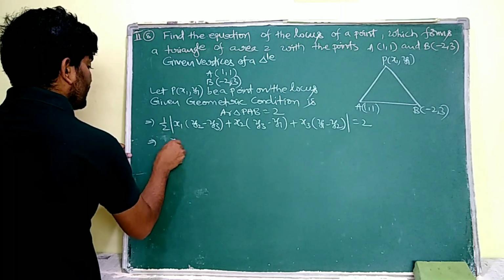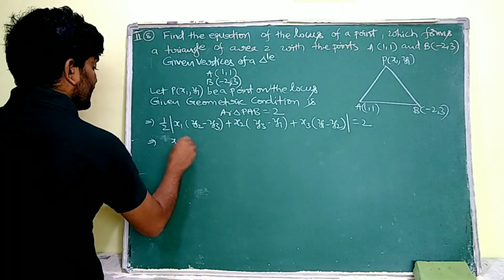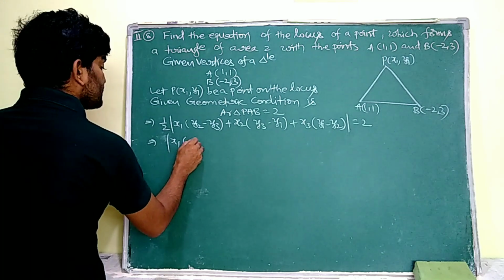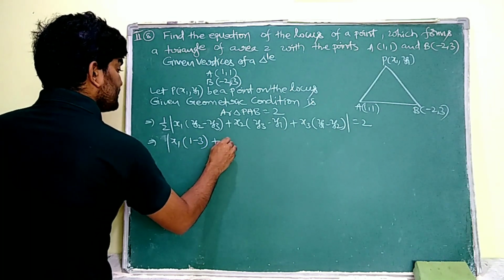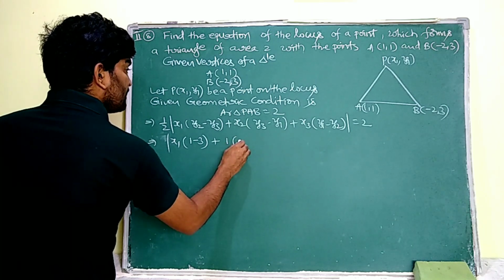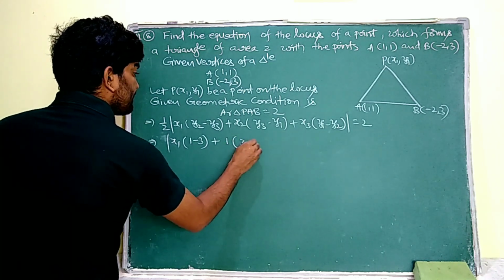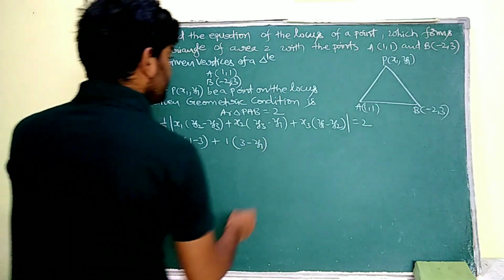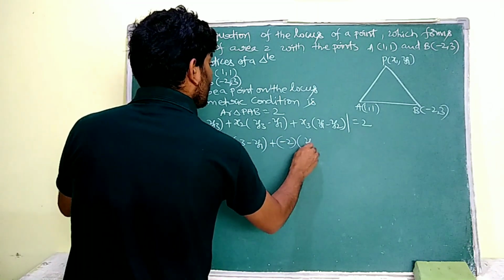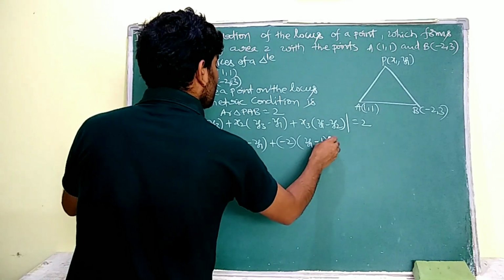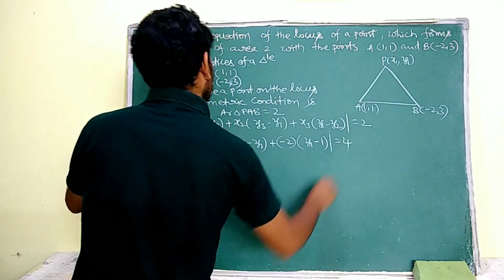This 2 goes to that side. x1 into (y2 minus y3) means 1 into (1 minus 3), plus x2 means 1 into (y3 means 3 minus y1), plus x3 means minus 2 into (y1 minus 1), is equal to 2 2s are 4.